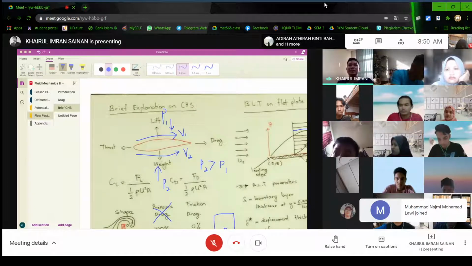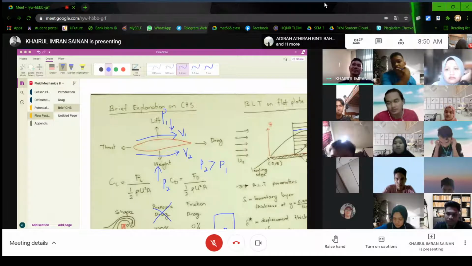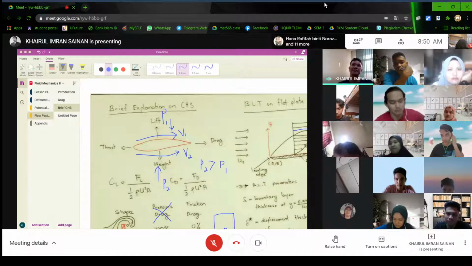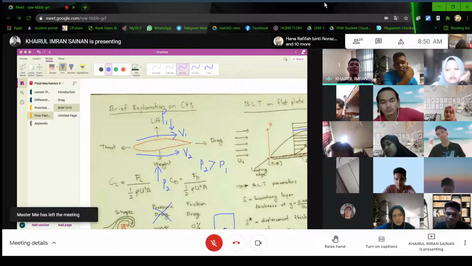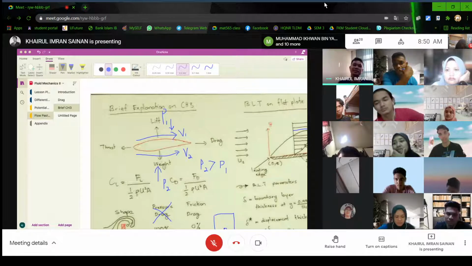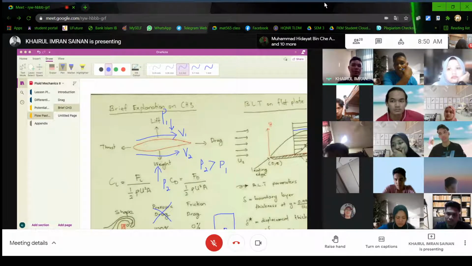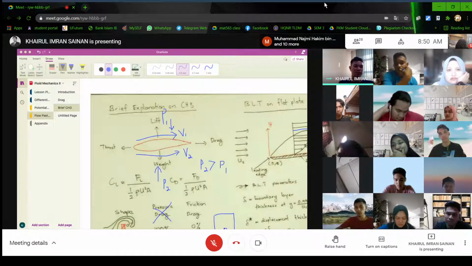So when you learn chapter 3, okay, you need to imagine how important it is for you to learn this chapter 3. Okay. Even though you learn about one layer and all, right? But the thing is, the concept is you can produce an aircraft. 250 ton.